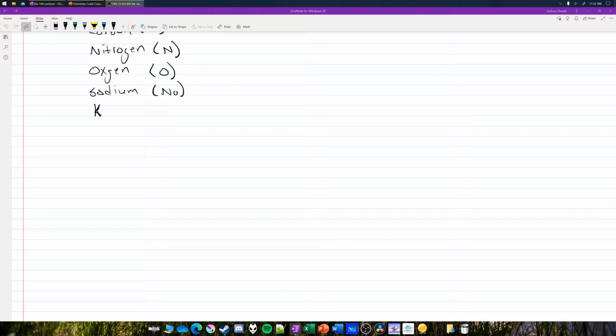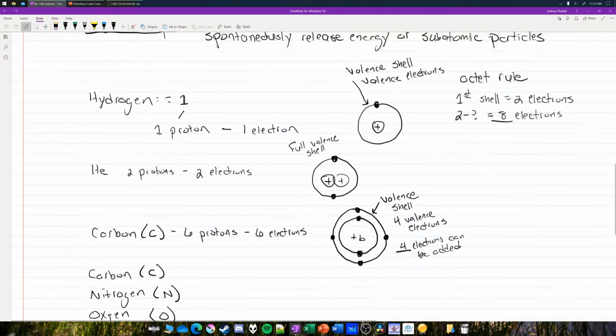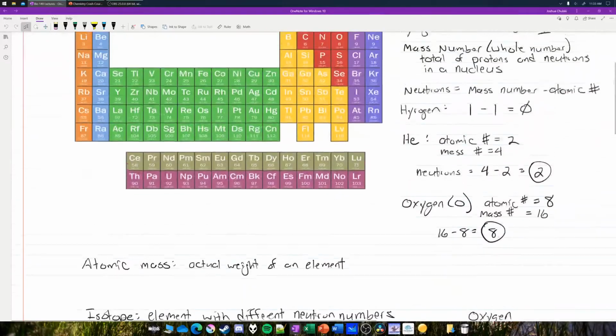And those electrons basically dictate how the atom is going to interact with other atoms. So before we go on to actual bonding, we're going to talk about something called ions.